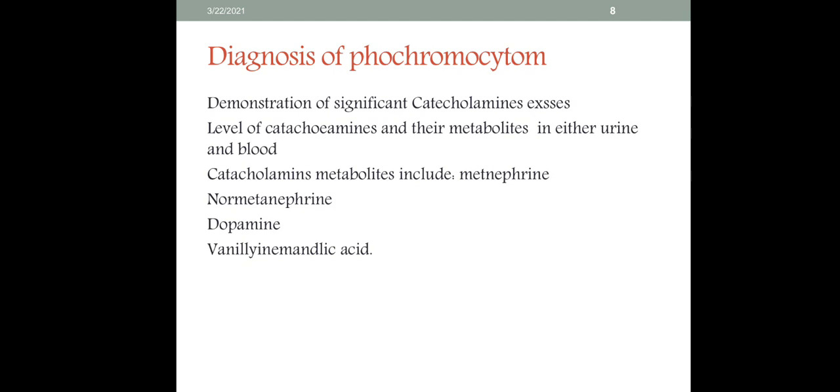Diagnosis of pheochromocytoma: demonstration of significant catecholamine excess, through levels of catecholamines and their metabolites in either urine or blood. Catecholamine metabolites include metanephrine, normetanephrine, dopamine, and vanillylmandelic acid (VMA). So when we measure these hormones and their metabolites and find them high in the blood or urine sample, this is an indication of pheochromocytoma.